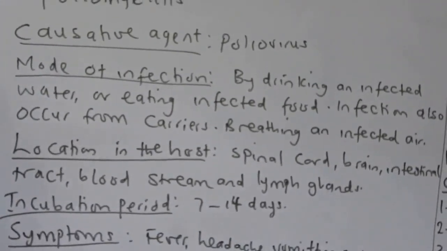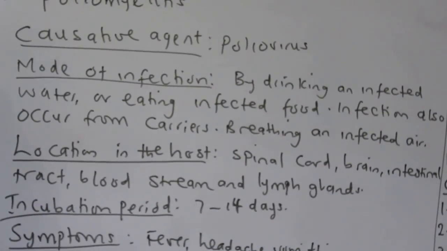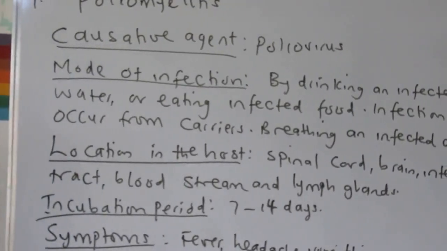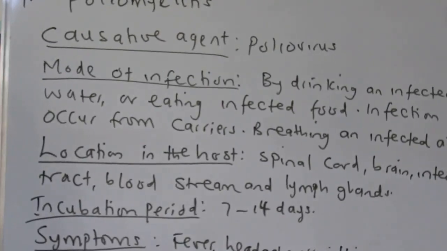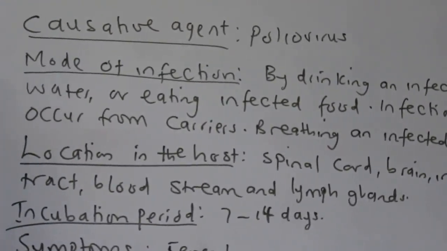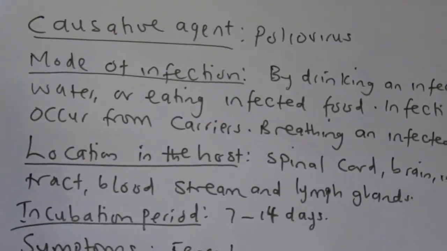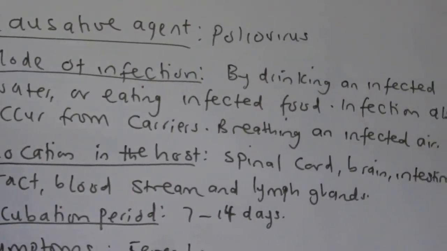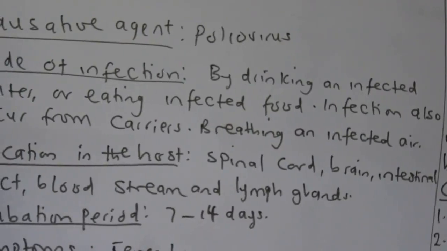Incubation period simply means the time elapsed between exposure to the pathogen and when symptoms begin to appear. It takes about 7 to 14 days for the signs and symptoms to show, between when the person is exposed to the virus and when we begin to see the symptoms of poliomyelitis.